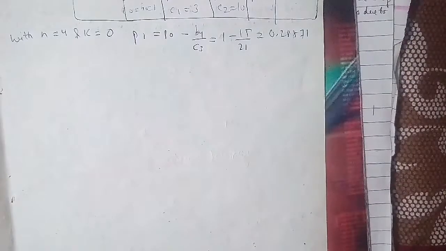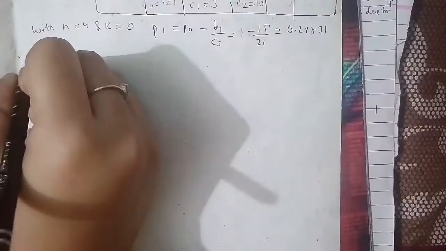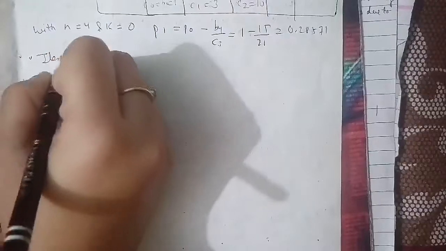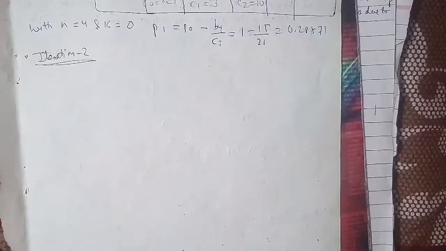For iteration 2, we follow the table that shows the synthetic division with the calculated values, and for that it will be p1. For p1 we found, we make a table.